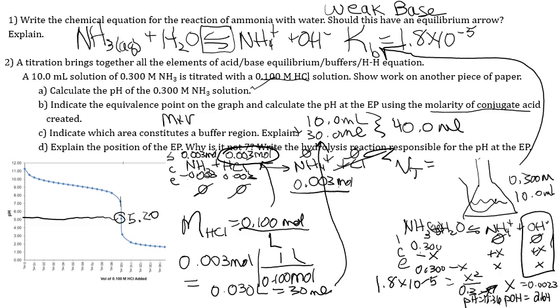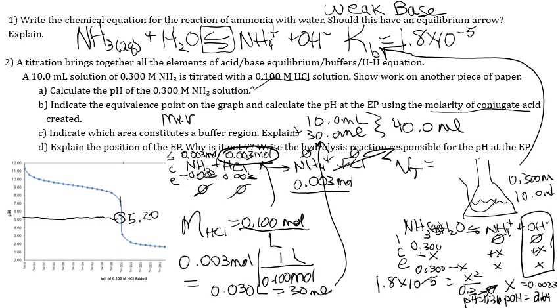Why am I doing this? Because I needed the V total, so I could divide that into the moles of ammonium, so I could determine the molarity of the ammonium, so I could calculate the pH of just the ammonium solution that was created at the equivalence point.